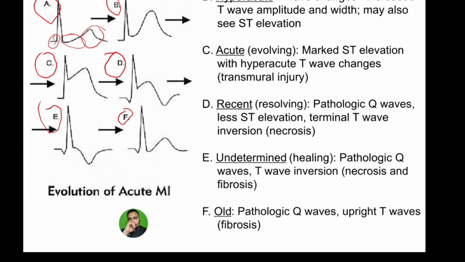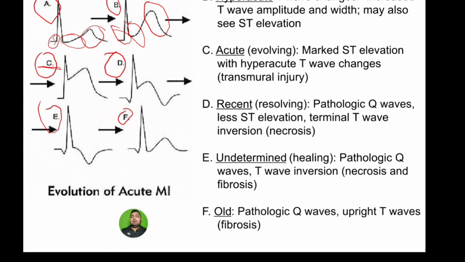So what is hyperacute ST elevation MI? There is prominence of T wave, there is slight elevation of ST segment, and Q wave is absent. T wave changes increase T wave amplitude and width. We may also see ST segment elevation, and in this we can see evolving MI.